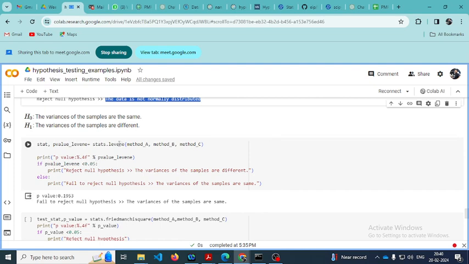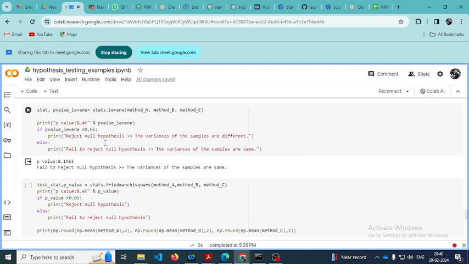Again, like the previous example, to test whether the samples have the same variance or different variances, you call the stats.levene function. You get some p-value. This p-value is 0.015.